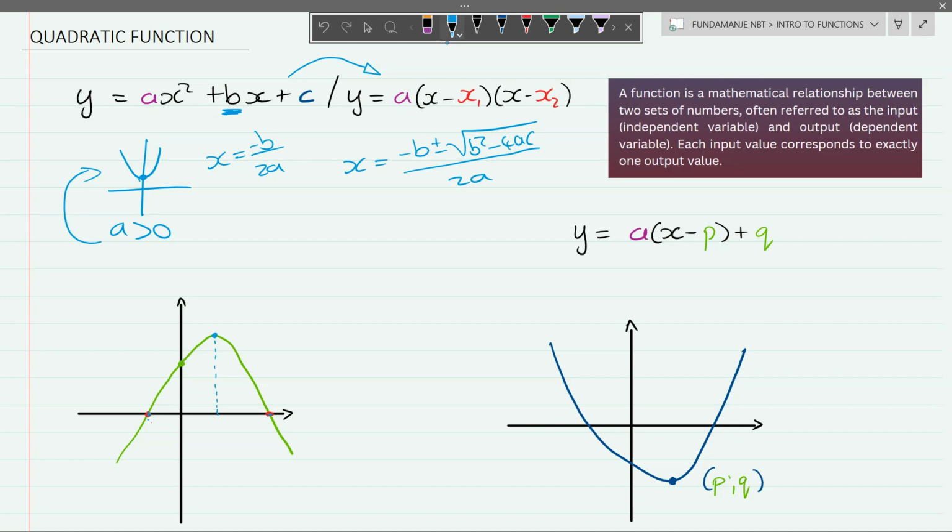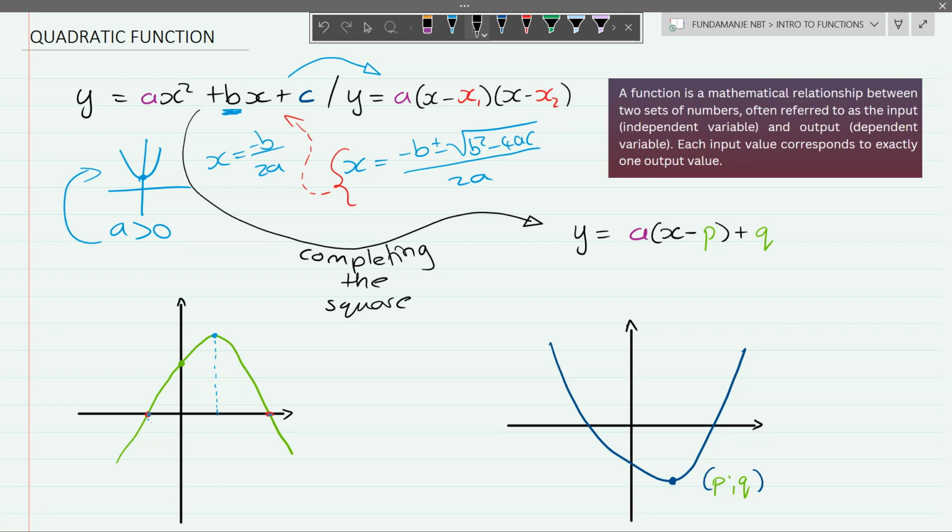And this formula, we mostly use it whilst our function is still in this format over here. Then we can take our quadratic function while it's in this quadratic format, and we can convert it into its turning point formula. And we do this by following a process called completing the square.